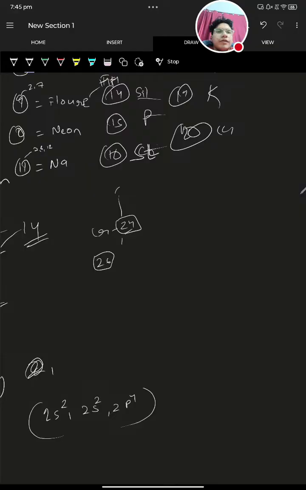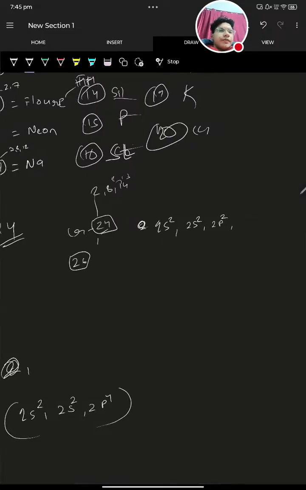To differentiate them, write it out: 1s square, 2s square, 2p 6, which makes 10.